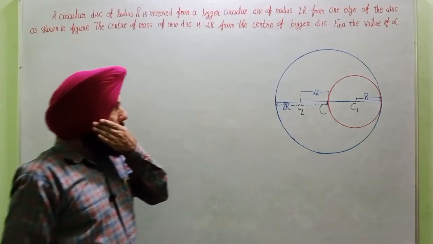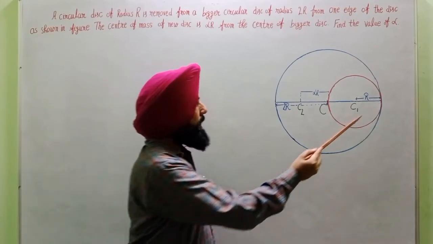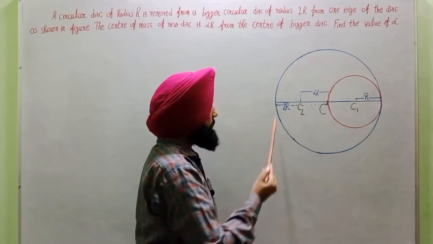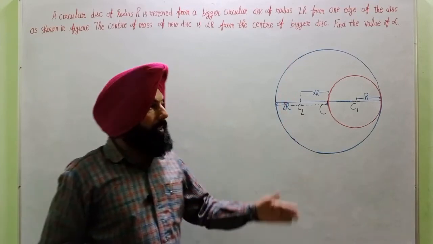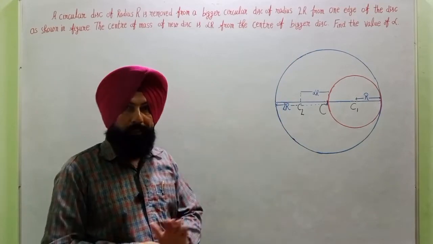Now in this problem we have a circular disk which I have shown by blue color.